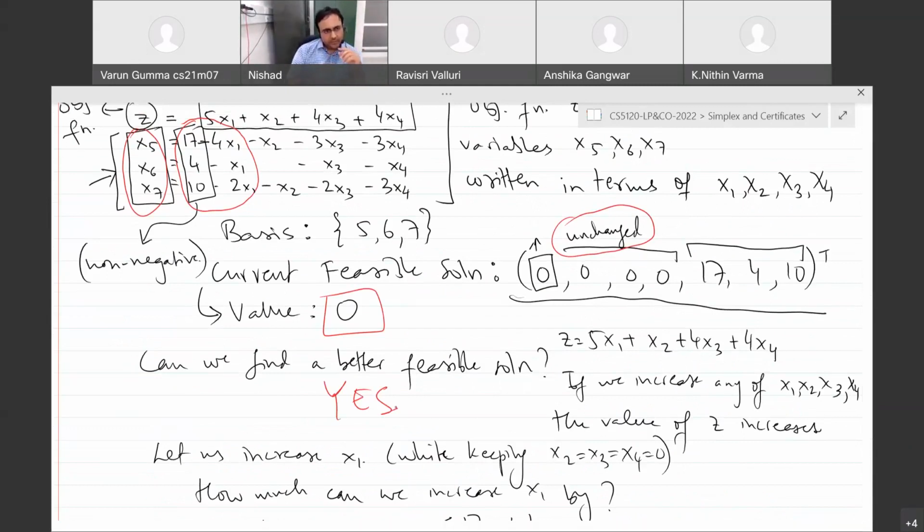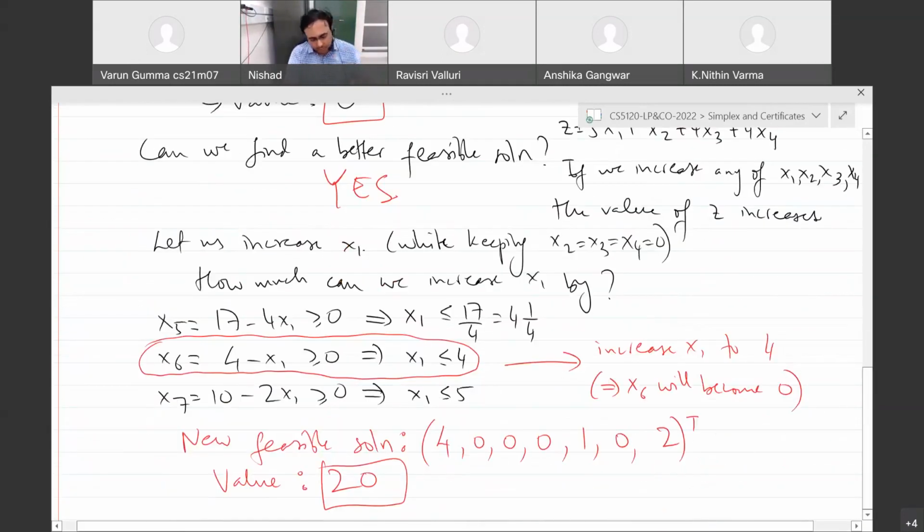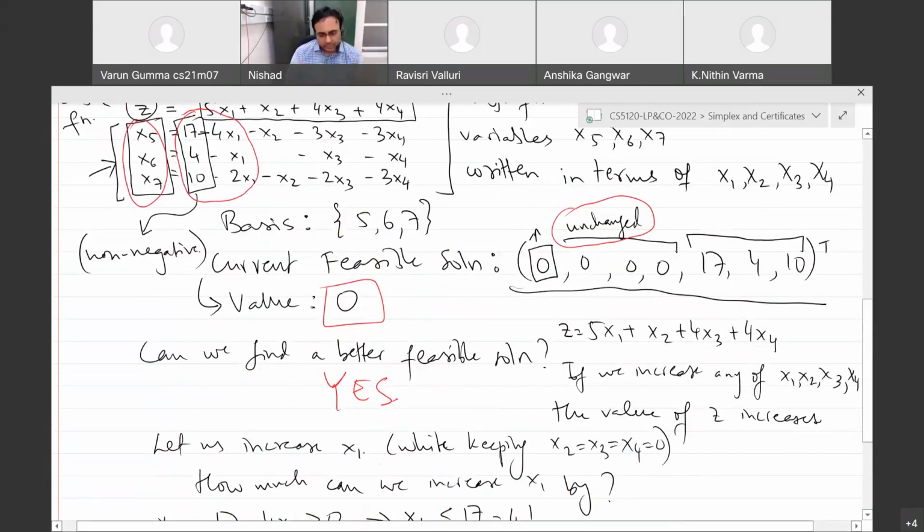So now we have a new feasible solution, which is not 17, 4, 10. It is this new one. And its value is 20. So I want to ask the same question again. Can we find a better feasible solution?